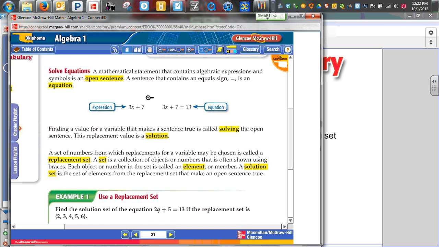Is open sentence one of the words? Yes. Okay, a mathematical statement that contains algebraic expressions and symbols is called an open sentence. So write that down. Contains algebraic expressions and symbols. That's what I would write down.